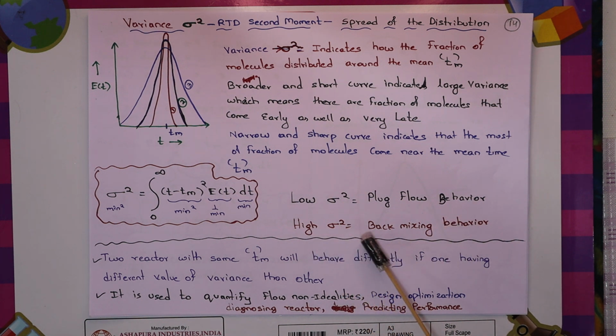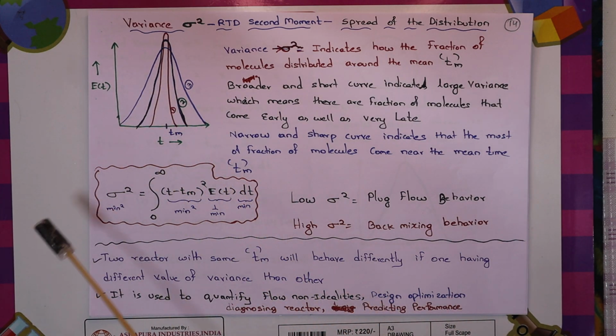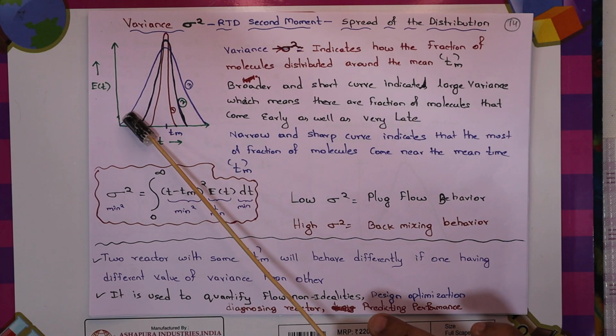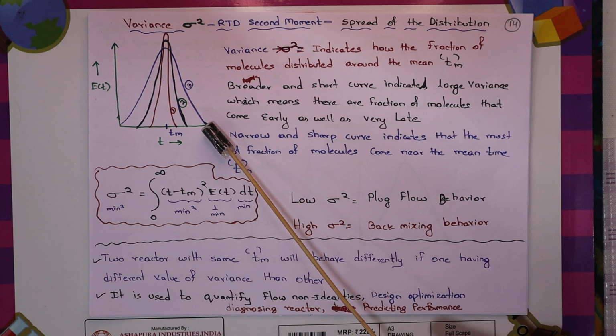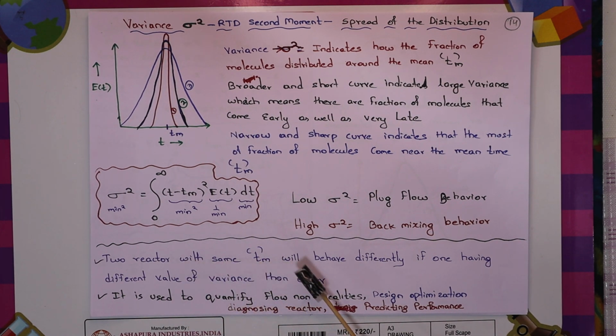A higher variance indicates that once the reacting molecules enter the reactor, heavy mixing happens, and there are molecules which want to come early and molecules which want to come late. So two reactors with the same Tm will behave differently if one has a different value of variance than the other.